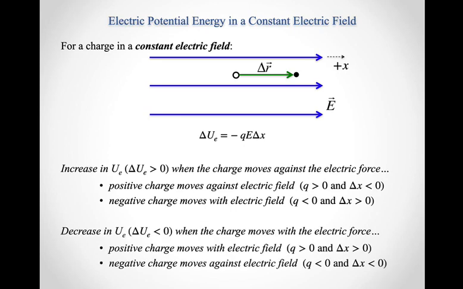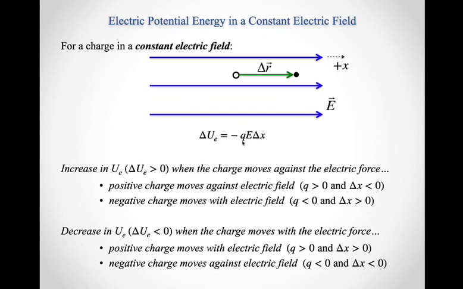On the other hand, if I want to decrease the electric potential energy, that means the left-hand side of my equation has got to be negative. If it's negative over here, it's got to be negative over there. And since I've got that minus sign sitting out in front, when I multiply these three things together, I need something positive. Again, E will always be positive. So this tells me that to get a decrease in the electric potential energy, Q and delta x have to have the same sign.